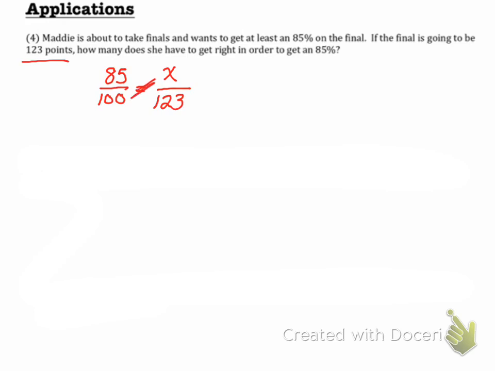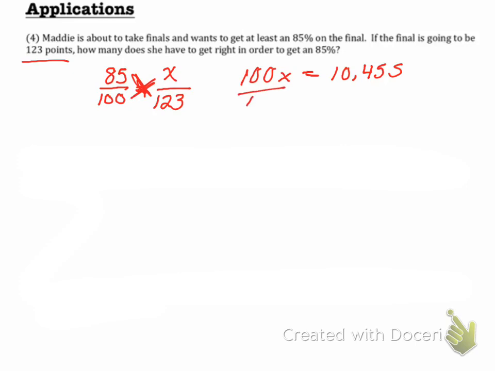So then I'll cross multiply and get 100x is equal to 85 times 123. And that gives me 10,455. Just double check that, 85 times 123. Yep.